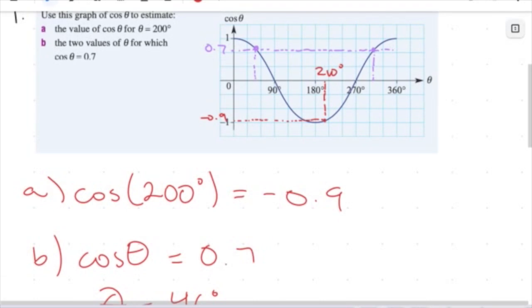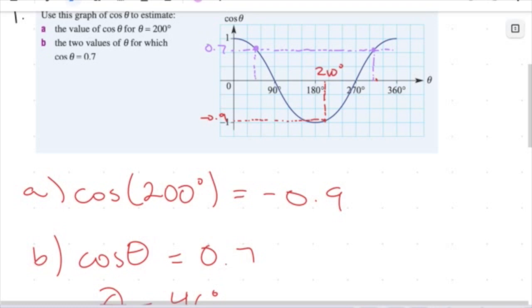And my next one, I'm looking for somewhere in between 270 and 360. So over here is about halfway in between. So we have another 45 degrees, because these are all separated by 90 degrees. So halfway between those two is going to be 45 degrees.